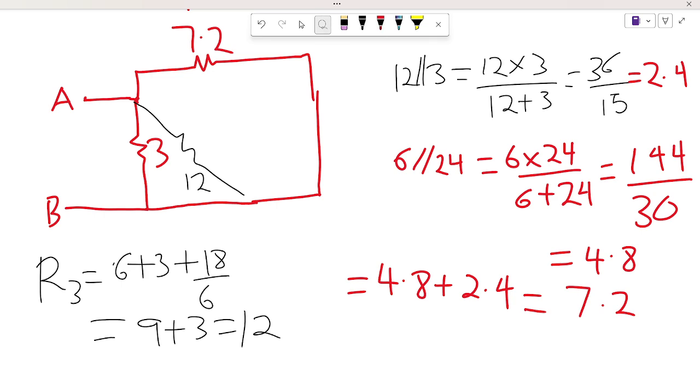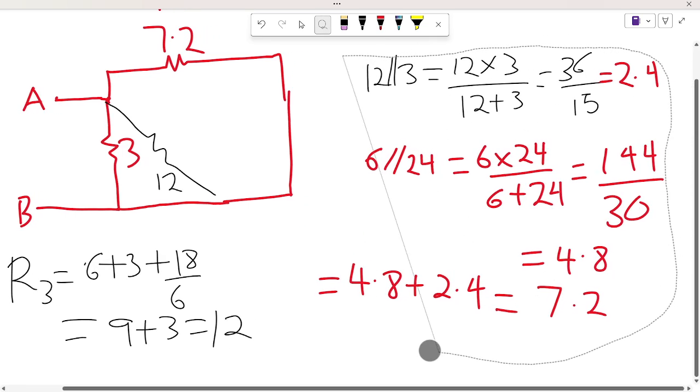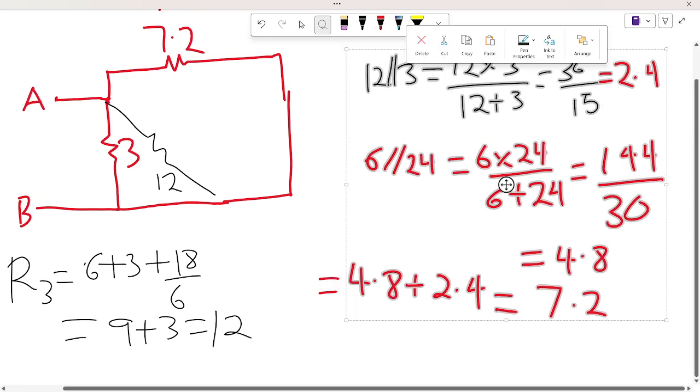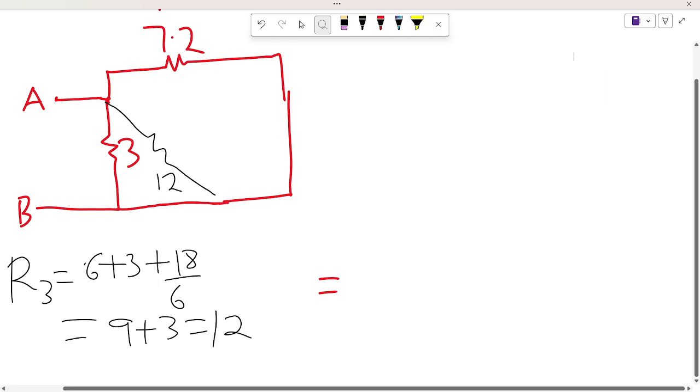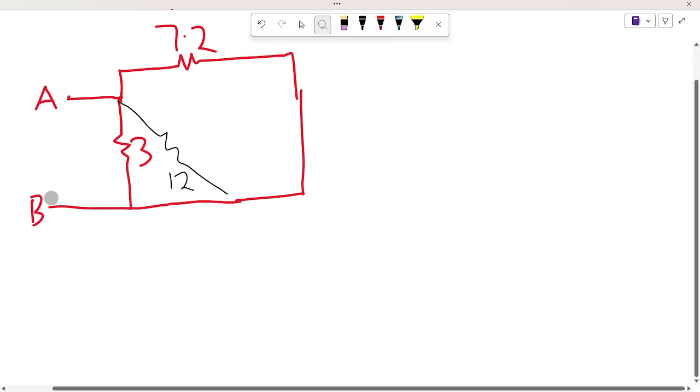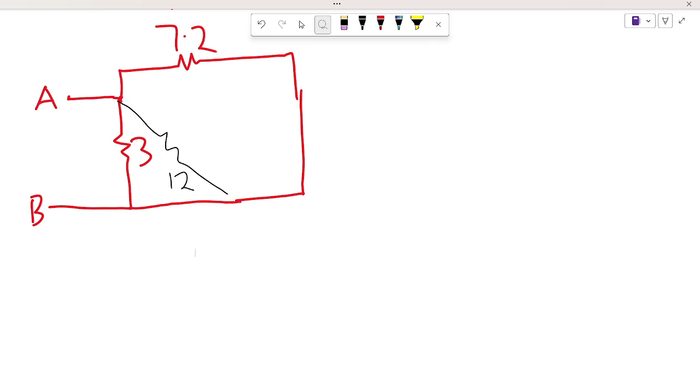7.2. Okay, I think it's getting a bit messy, so let's clear. Okay, so realize that the 7.2 and 12.2, they are in parallel.